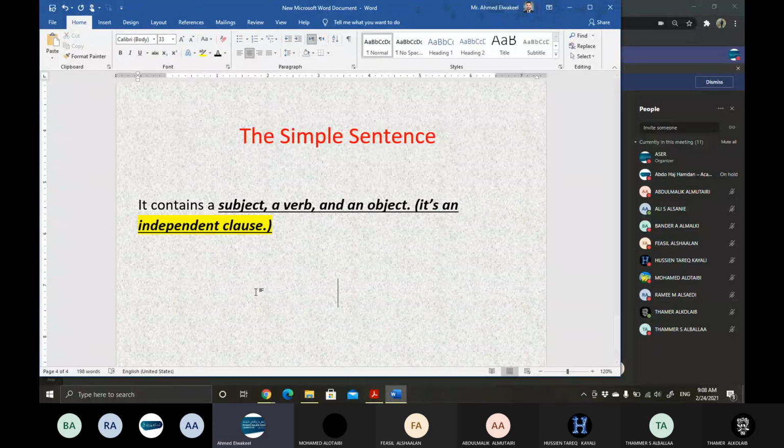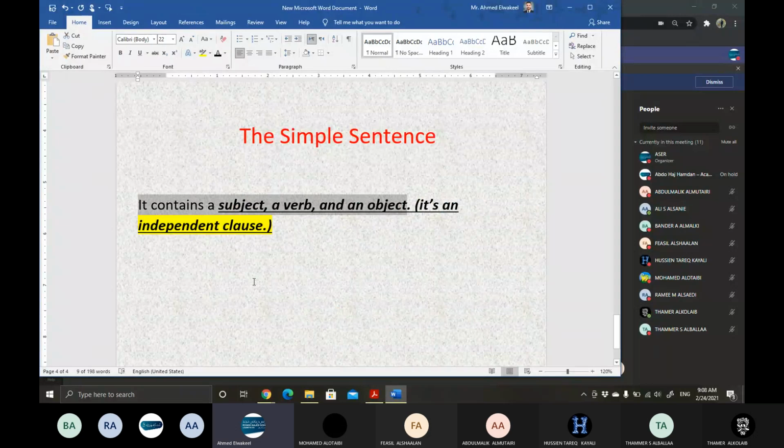So simply, guys, when you have a sentence, any sentence in English, it will start with a subject and end with a period, a question mark, or even an exclamation mark. We have four types of sentences.